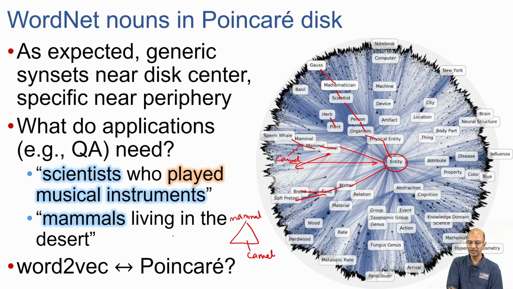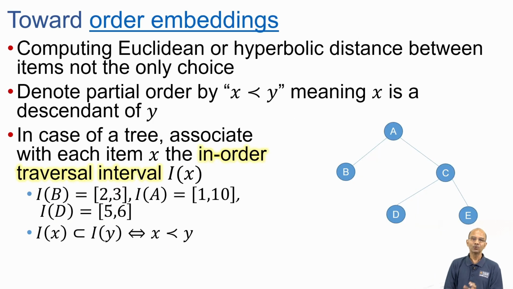So, the real test we need is whether something is in the subtree of something else, not their Euclidean distance. To that end, we will now discuss a different approach to it.